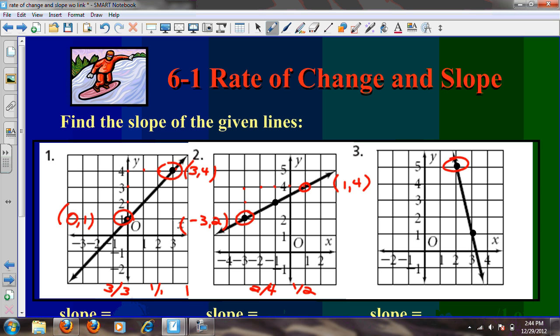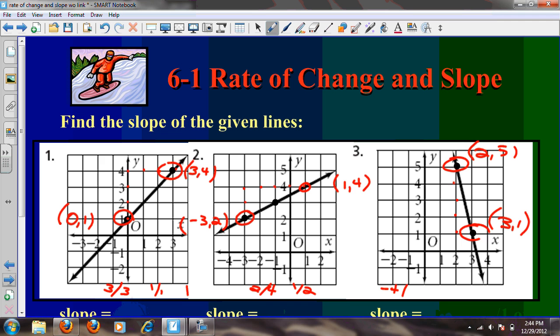Let's do one more. Here's one, and here's one. We have 2, 5, and we have 3, 1. Okay, I rise, I go 1, 2, 3, 4.